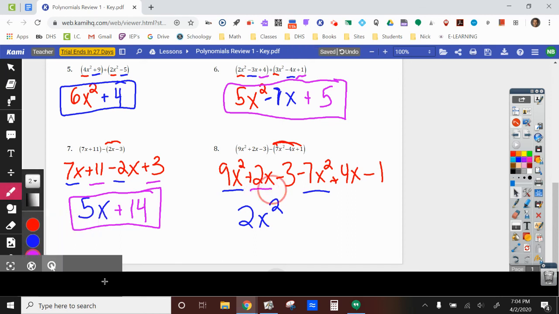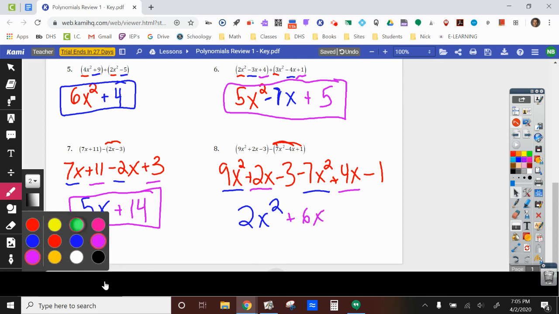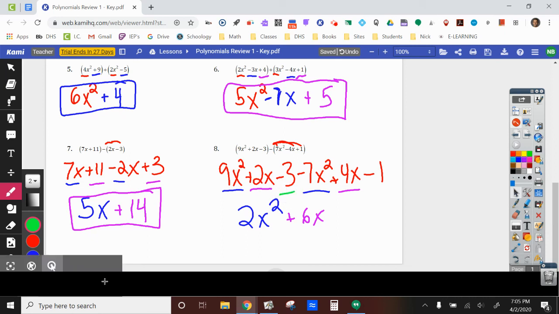And then I have a positive 2x with a positive 4x. Those are just x terms, so I can put those together. Positive 2 plus 4 more is going to give me a positive 6x. Then let's use green here. I got a minus 3 and a minus 1. Again, I'm dealing with negatives, and sometimes those can get tricky, so I would recommend using a calculator.